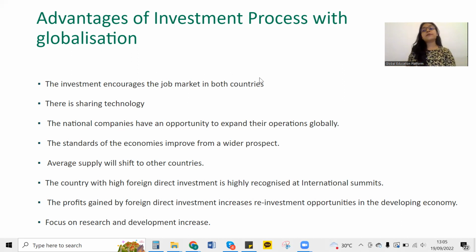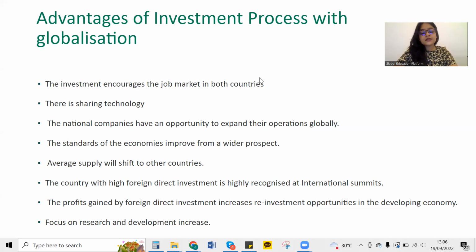The main reason why developed nations move into developing nations is, one, the reduction in cost. And of course, the next reason would be access to resources. Developed nations are more industrialized, which means they lack natural resources, but they have more advanced technology and big buildings and so on. But when it comes to natural resources, they do not have them. Most of the time, the developing nations have the natural resources. As a result, there are more foreign direct investments coming into the country, so they are highly recognized.